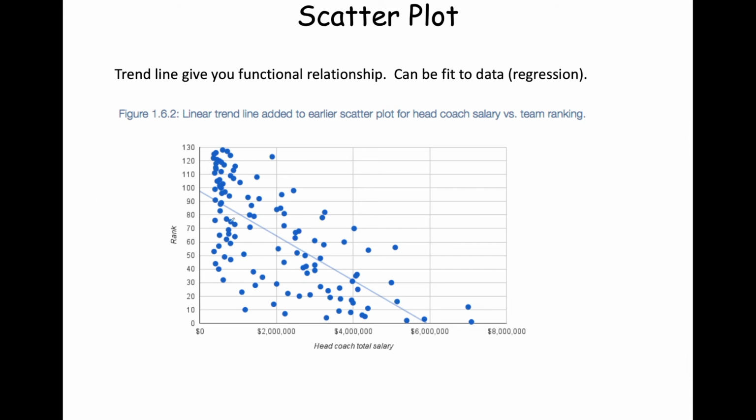So what this says is if you increase, go to the right, the coach's salary, you improve, i.e. decrease, the rank. That's what a downward sloping line means. An upward sloping line would mean the converse. But here it is downward sloping. So that means in general, for the points in this graph, if you increase salary, the rank improves, gets closer to 1.